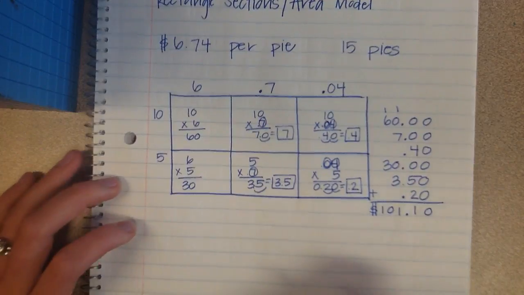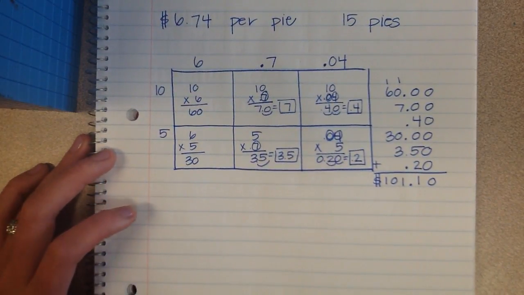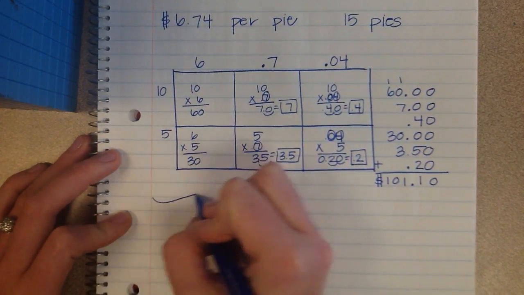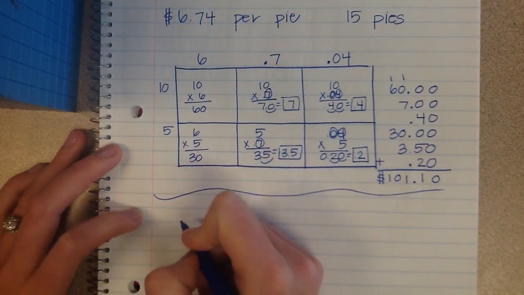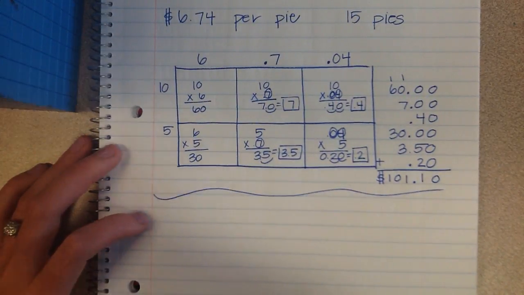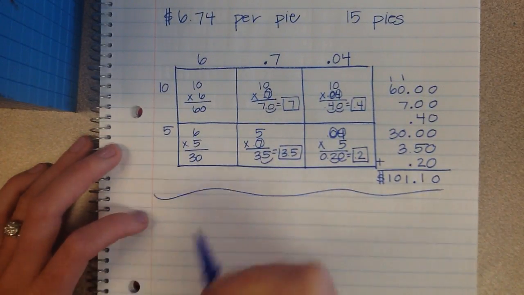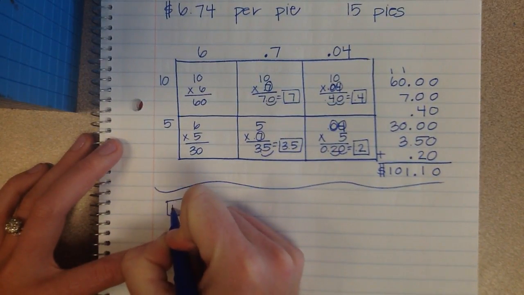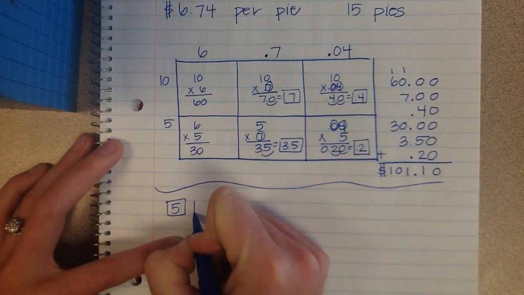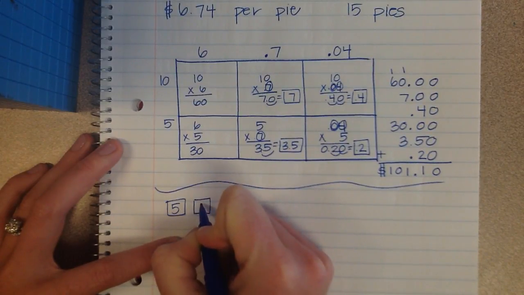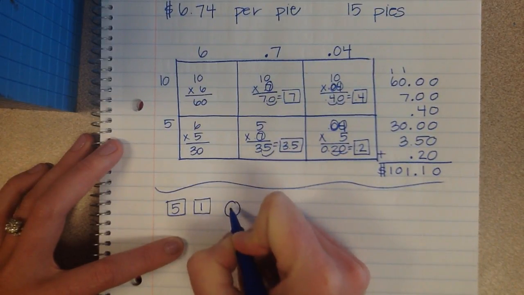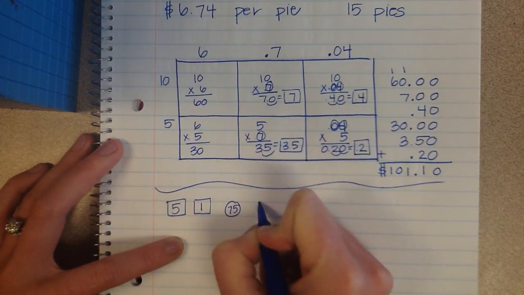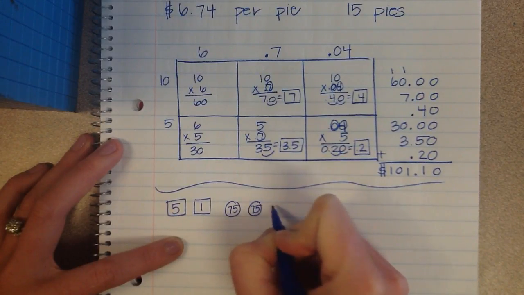Okay, so I'm going to do money, just to check. So I could do a 5 here. $75, $75, $75.